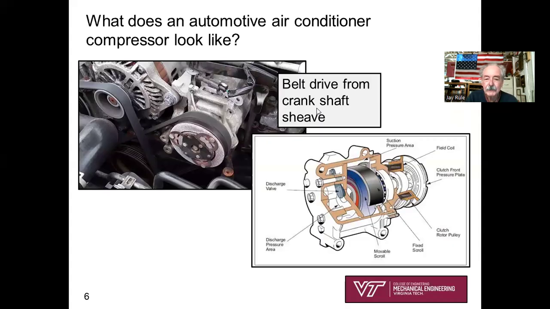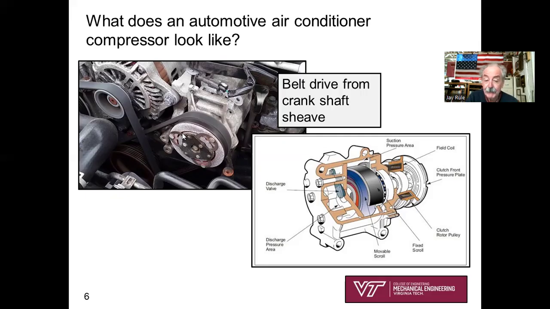What does the compressor look like for an automotive air conditioning system? Well, you pop open the hood and you're going to see, this looks like the alternator, doesn't it? This is the compressor part for your automotive. You can see that it's basically a belt drive from the crankshaft of your engine.